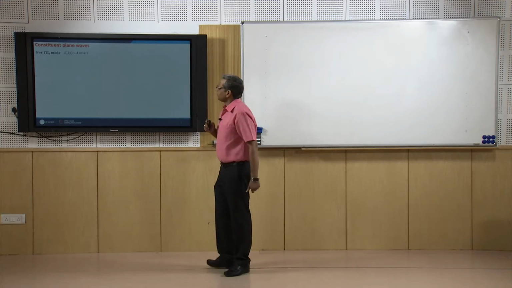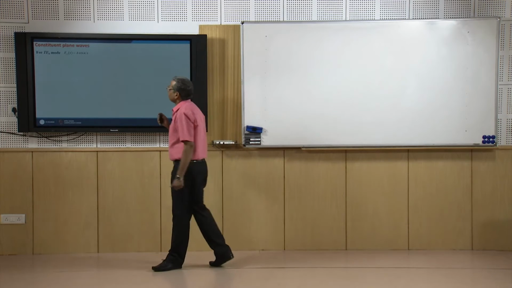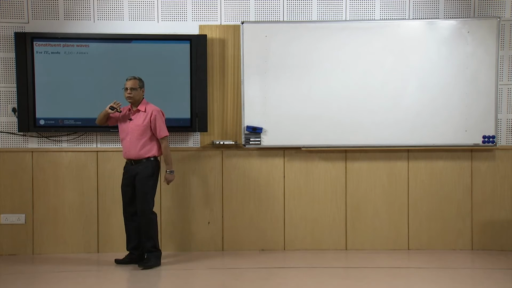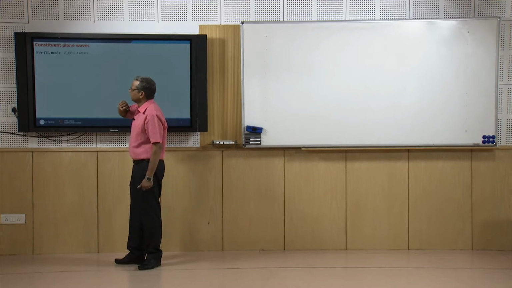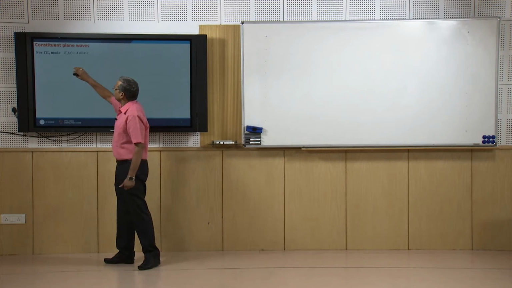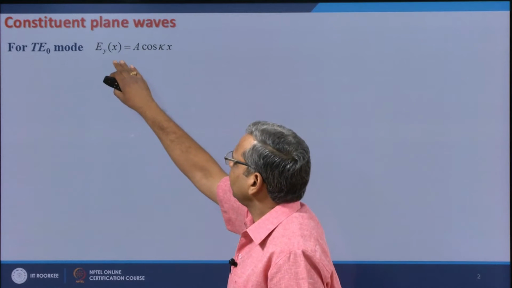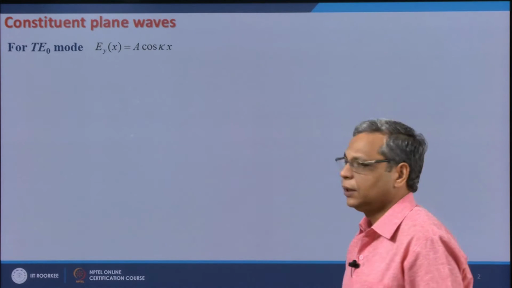So, for that let me write down the field of, for example, the TE0 mode or any symmetric mode. It is given in the core, or in the guiding film, by E y of x equal to A cosine kappa x.